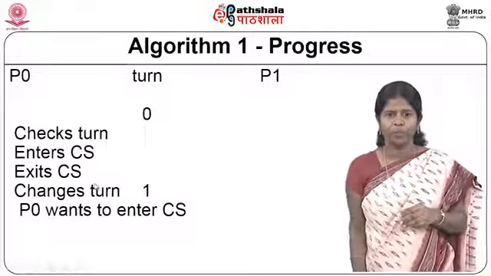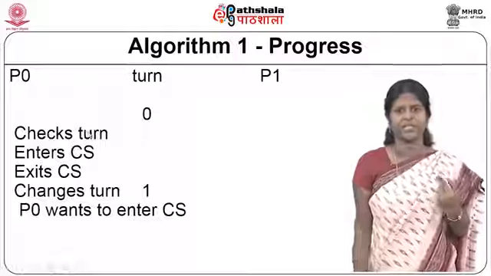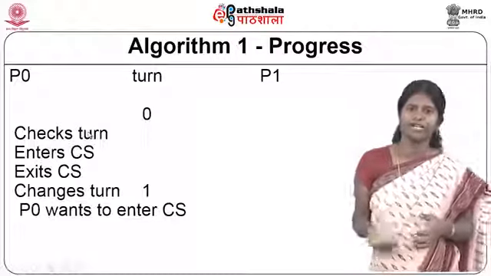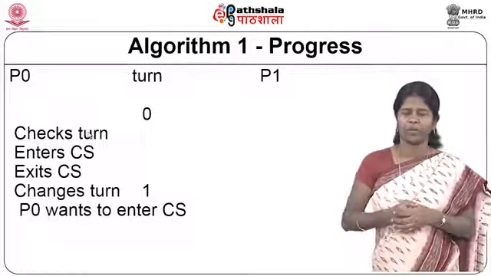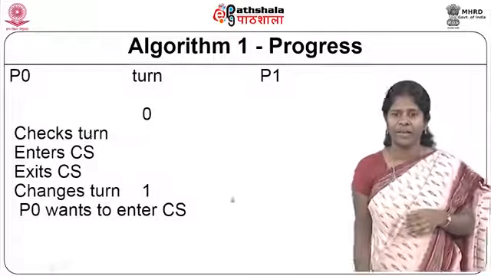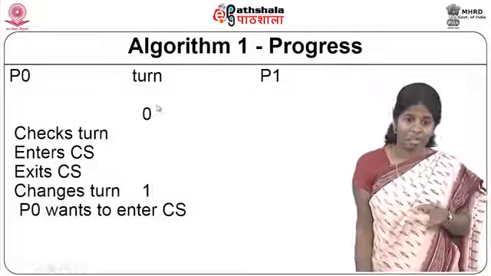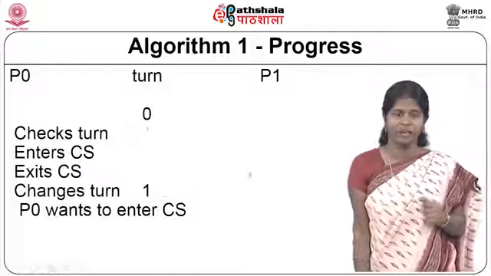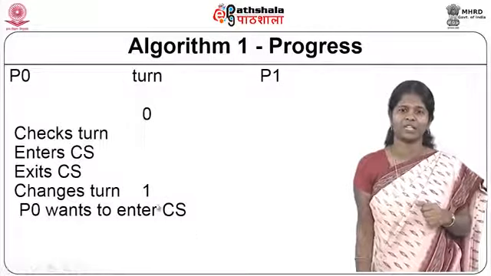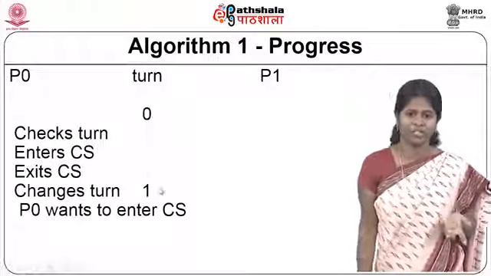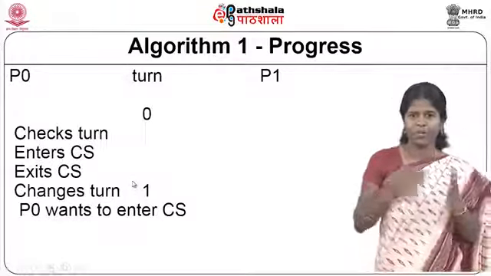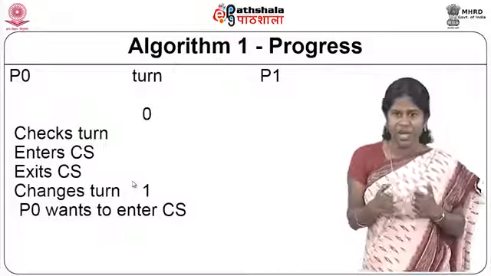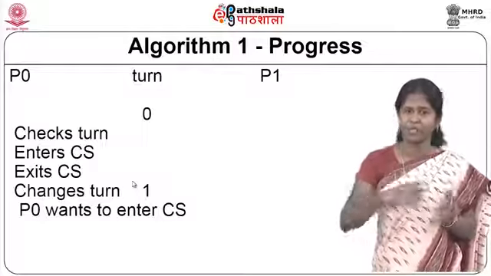So if P0 wants to enter the critical section the next time, it cannot. Why? Because the value of turn is changed to 1. Unless P1 enters the critical section, P0 cannot enter the critical section. So here you find that the solution has given a strict alternation between P0 and P1.